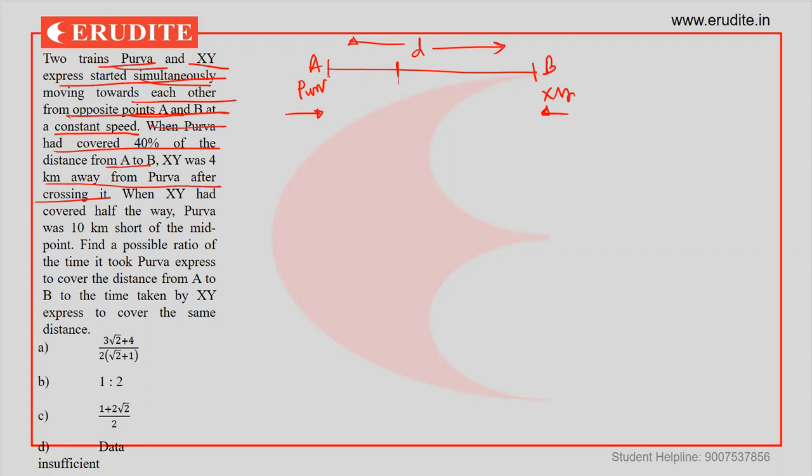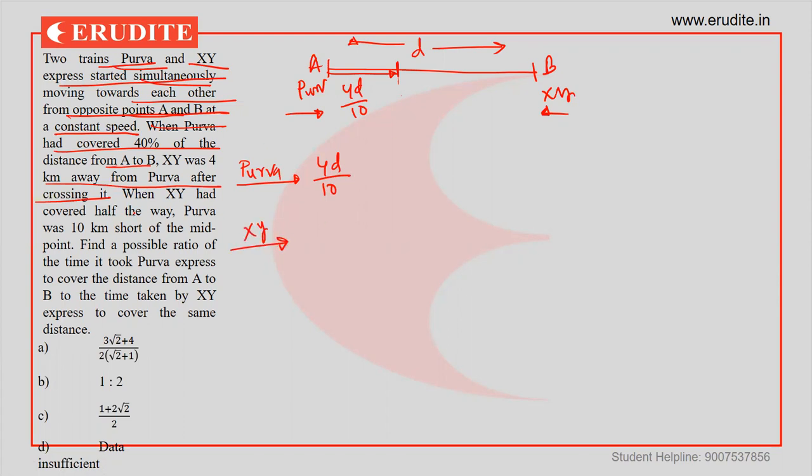So when Purva goes 40%, what does it mean? 4D by 10, right? So first case, when Purva goes 4D by 10, at that time, what is the distance covered by XY?